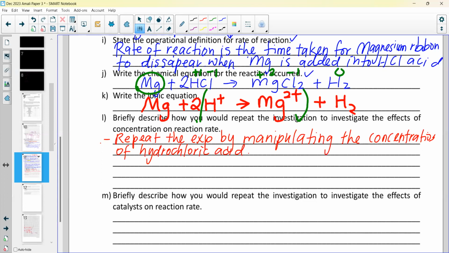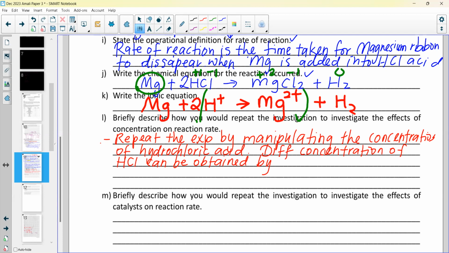Different concentrations of hydrochloric acid can be obtained by, what is the process of adding water into the acid called?